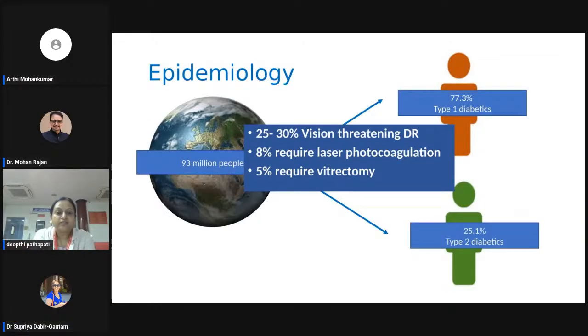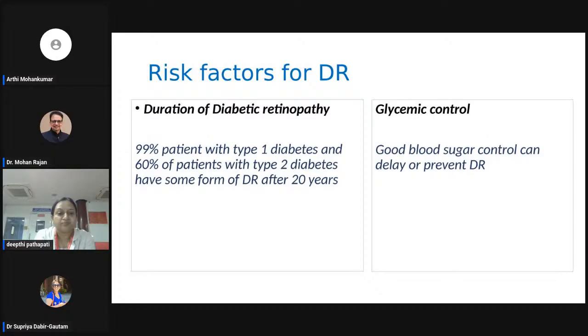In type 1 diabetics, about 77% end up with diabetic retinopathy, whereas in type 2, about 25% do, of which 25 to 30% end up with vision threatening diabetic retinopathy, 8% require laser photoablation, and 5% require vitrectomy.